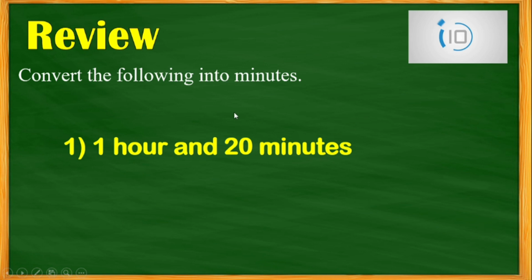Convert the following into minutes. You have 10 seconds to convert each of the following. For number 1, 1 hour and 20 minutes. You're going to convert this one into minutes. Your timer starts now.